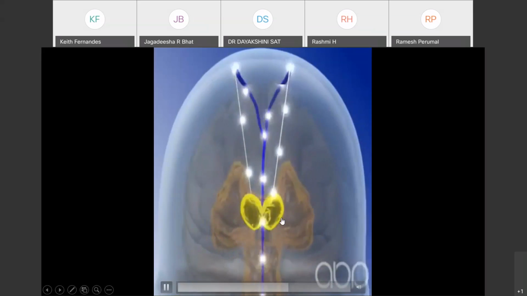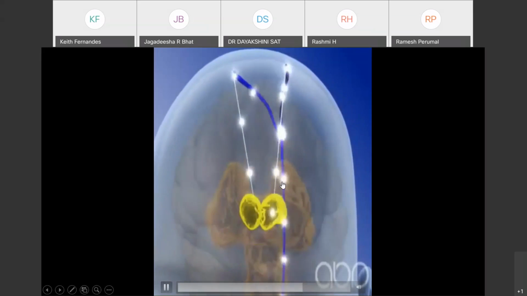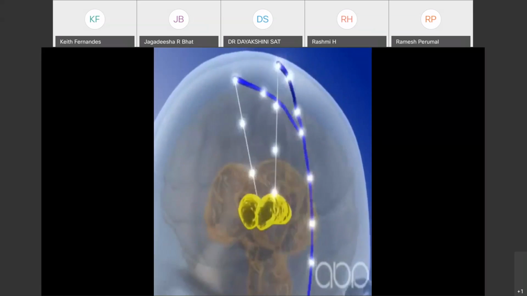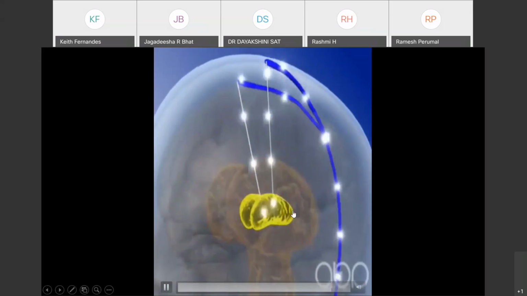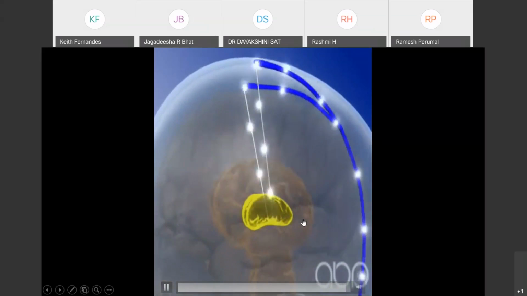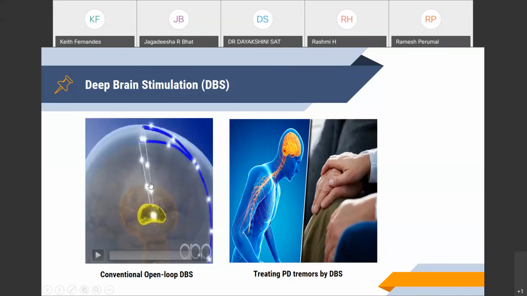You could see the current flows continuously in this treatment option. This treatment is found to be the most effective among the available treatment options, and especially it is more suitable for advanced Parkinson's disease patients.